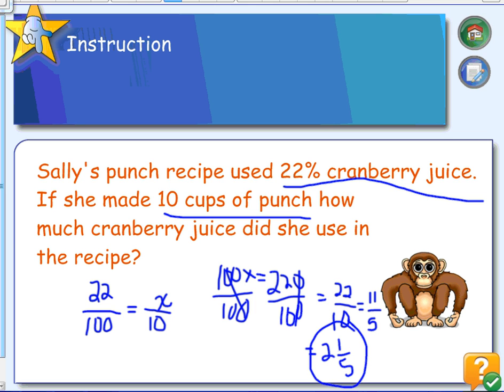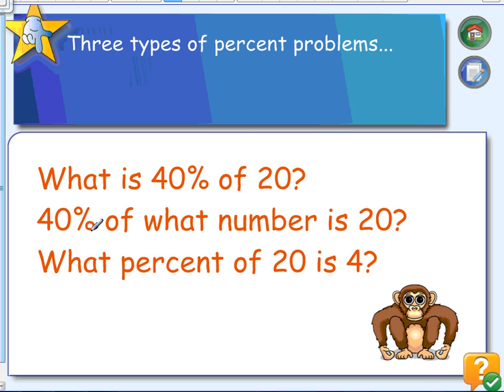All right. Okay, so let's see. When we're talking about these percent problems, there are actually 3 different types of percent problems. We can figure out things in 3 different ways. We have: what is 40% of 20? In that case, we are trying to find part of a whole.